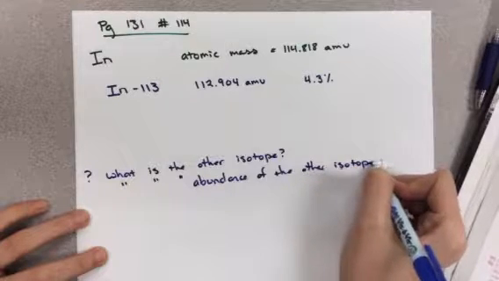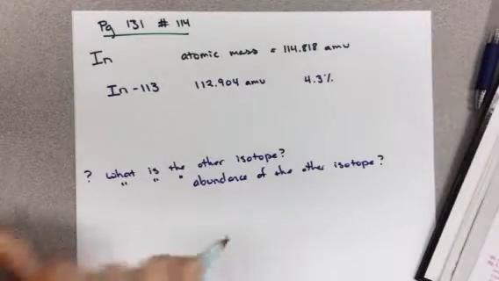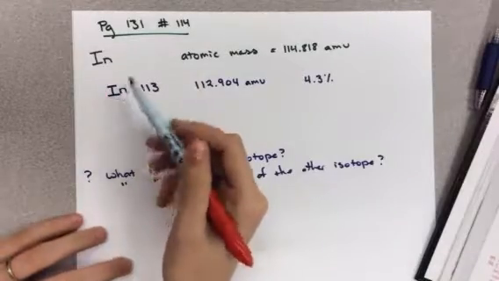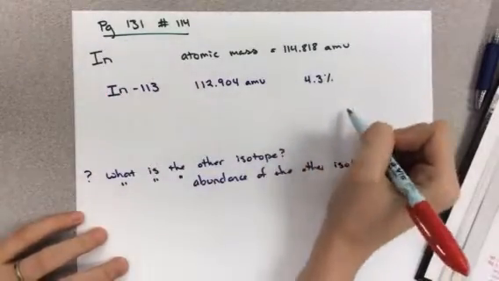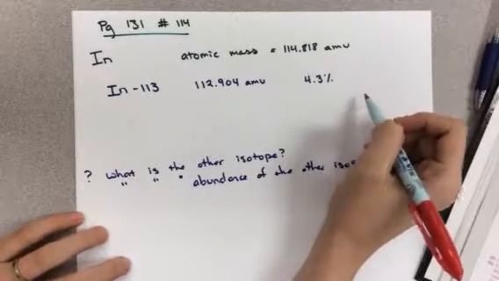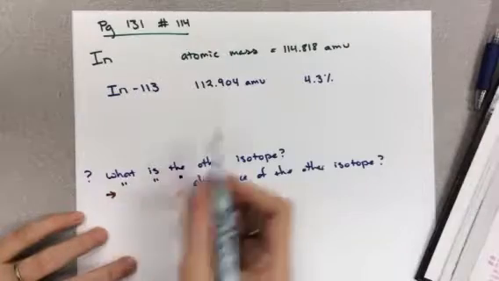There's several steps that we have to take in this situation. So we know that since there are only two isotopes, we were told that in the problem, they have to equal 100% of all of the indium. So we can answer this question right away.